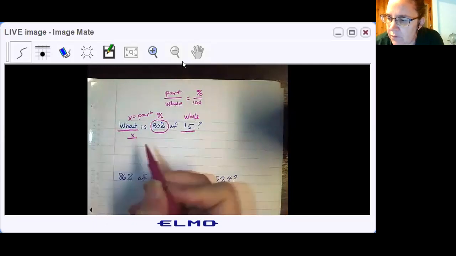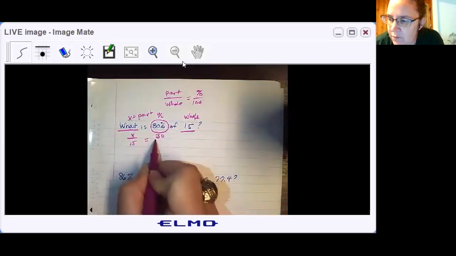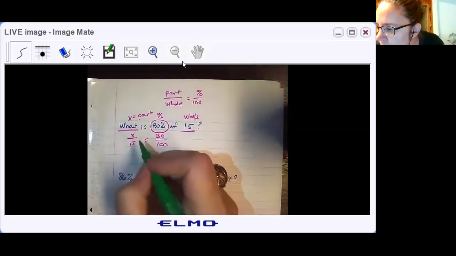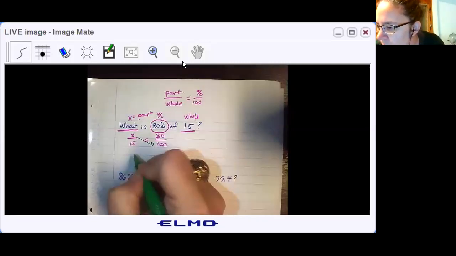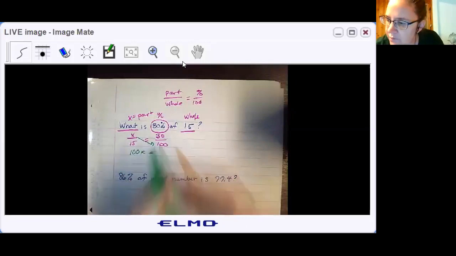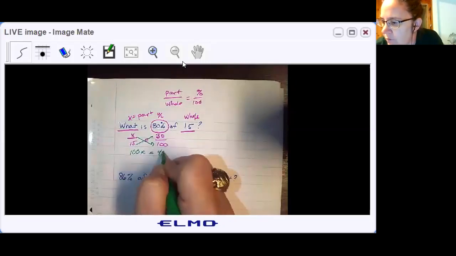X over 15 equals 30 over 100. Cross multiply. 100x, because 100 times x. And then 15 times 30, so that's 15 times 3 is 45, so that's 450.